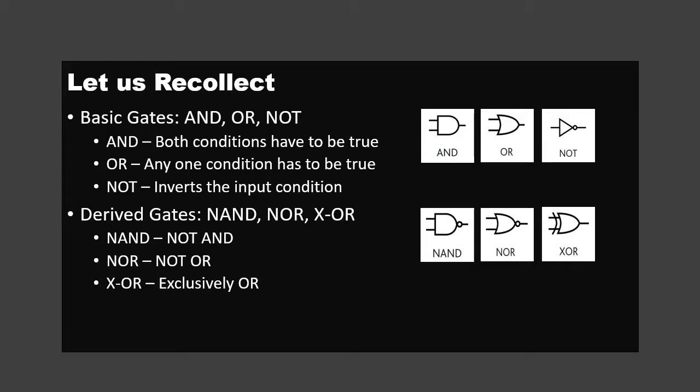And the last one is the XOR gate. It is an exclusive OR gate. It is similar to the OR gate, but it has an exclusivity in the input. I hope you remember these truth tables. We'll try to discuss them in the current slides.